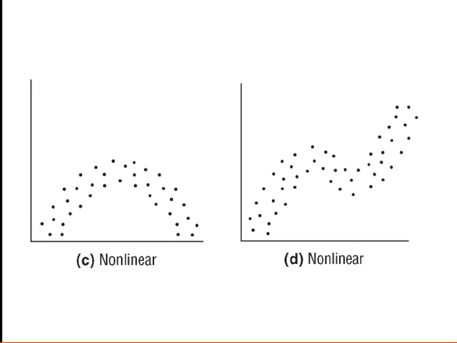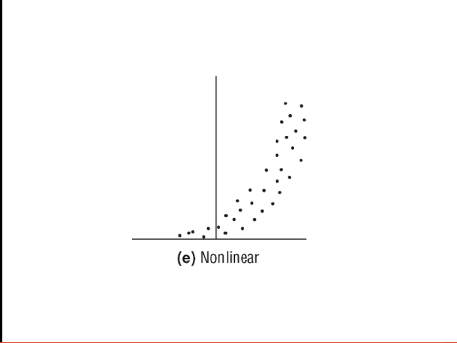And then we could have scatter plots that aren't linear. So here's data points that don't seem to lie all along a line, and here's data that doesn't seem to lie along a line. This seems kind of like a cubic function, maybe, if you've heard of that before. And this seems kind of like a parabola. But anyway, these are nonlinear in the sense that the points don't seem to cluster around a line.